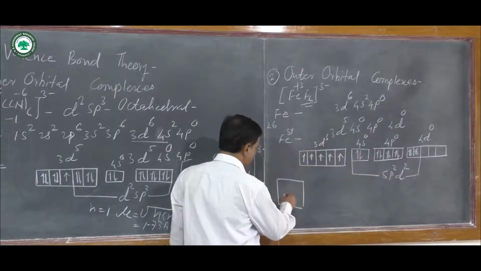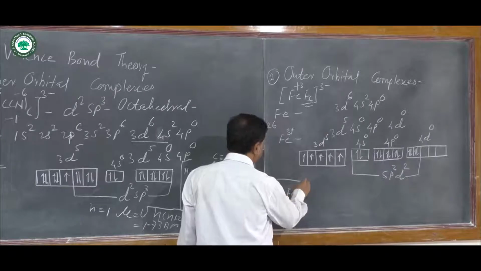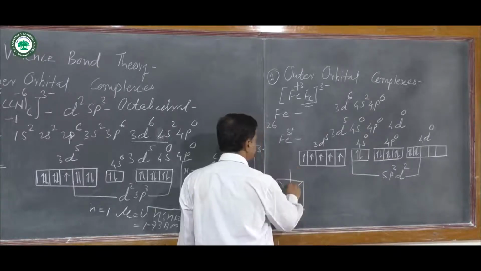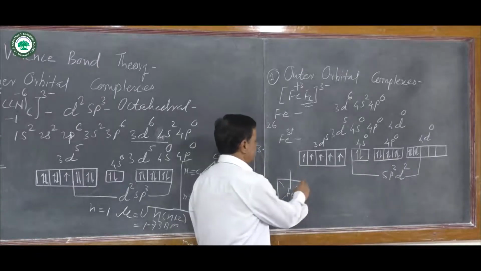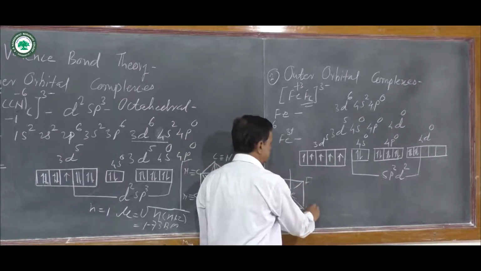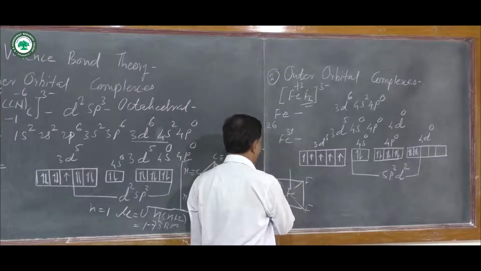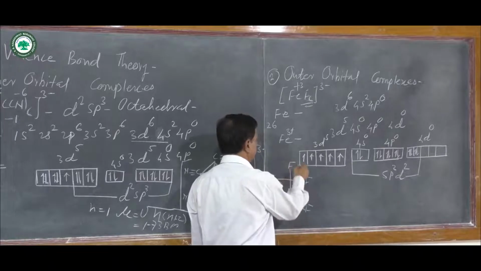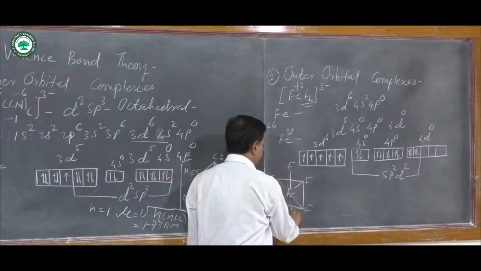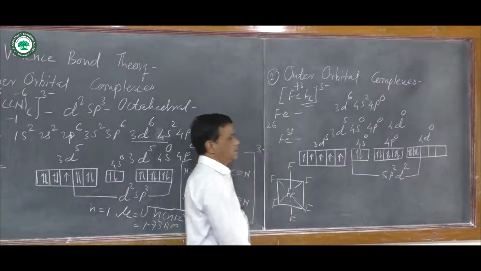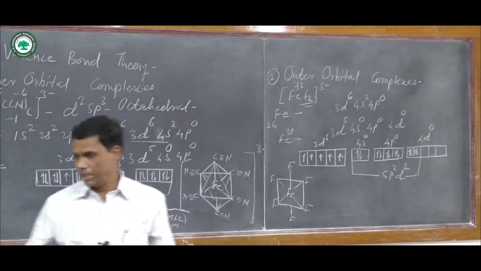In these 6 sigma bonds, iron is at the center position. Then here is a fluoride ligand, here a fluoride ligand, here a fluoride ligand, and here another. These are the 6 fluoride ligands.